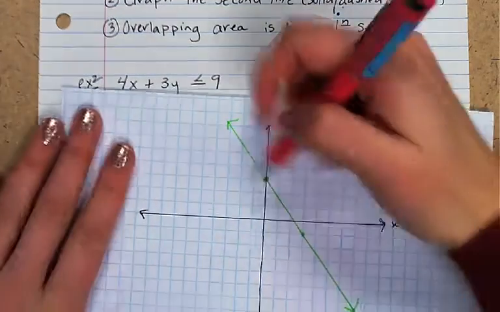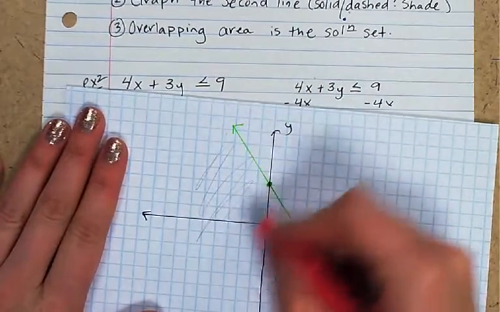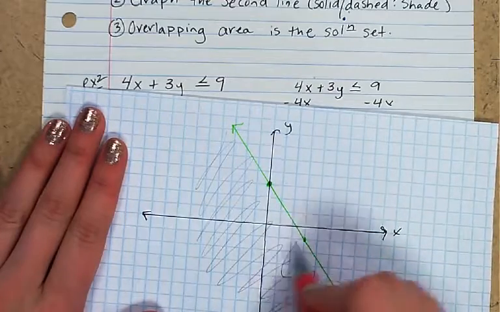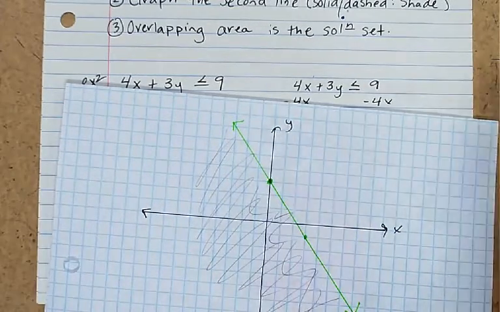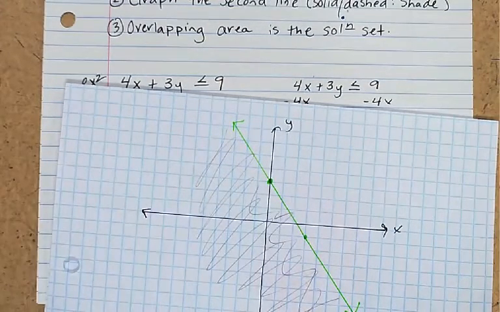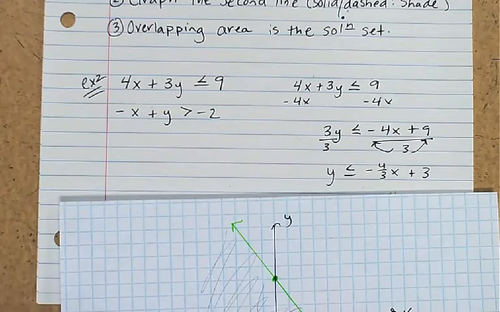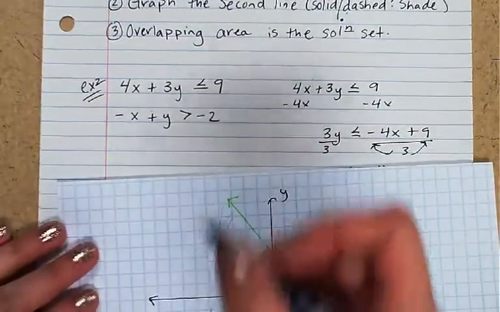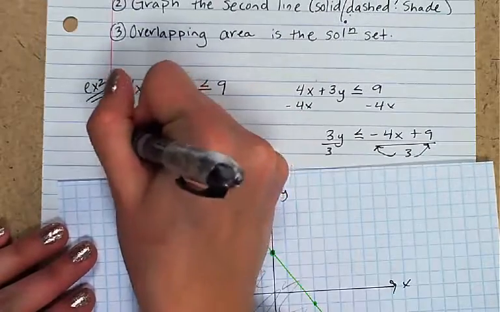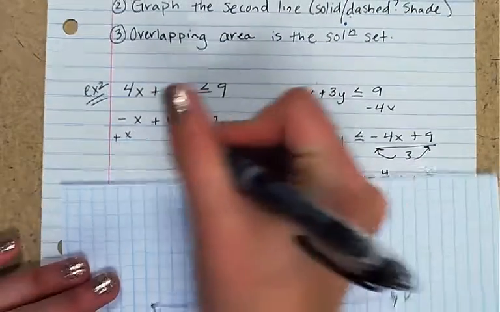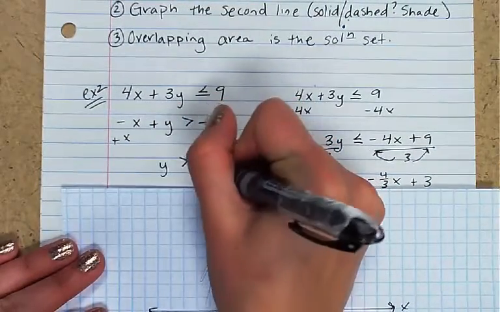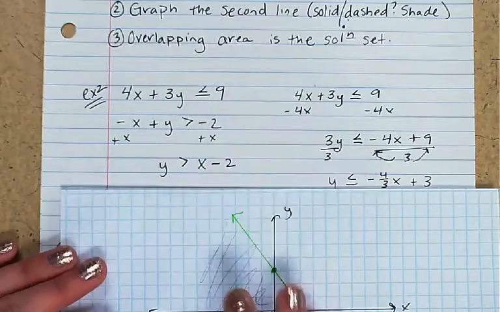This time I'm going to use a pencil, so it's not quite so confusing. Okay, so then our second line here, oh, this one we also have to get y by itself. So this one though, all we have to do is add x to both sides. So y is greater than x minus 2.